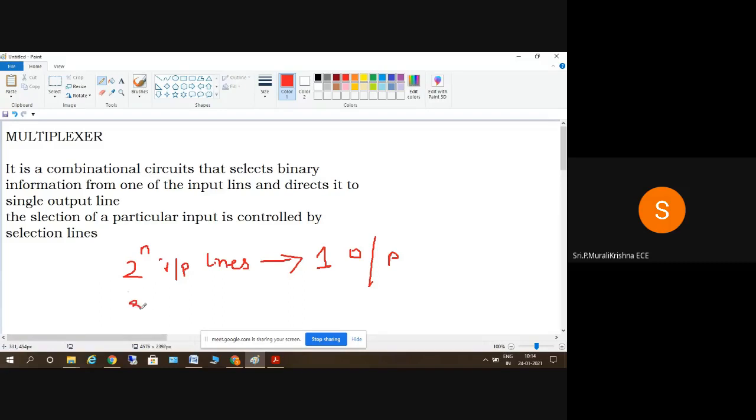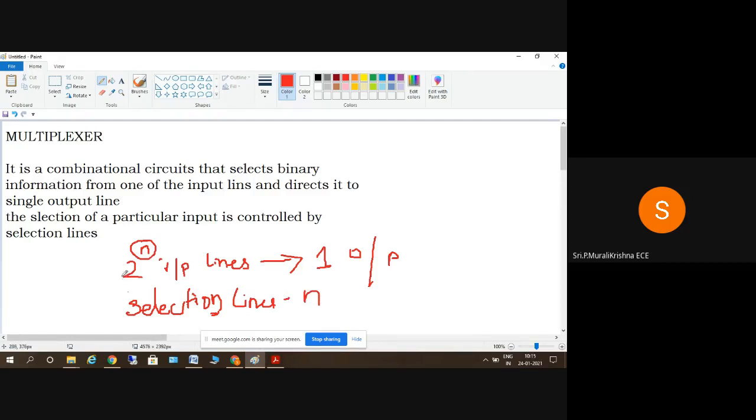The selection of inputs will be based on the selection lines. How many selection lines do we need for 2 power n input lines? It is nothing but n. So the number of selection lines is equal to n.